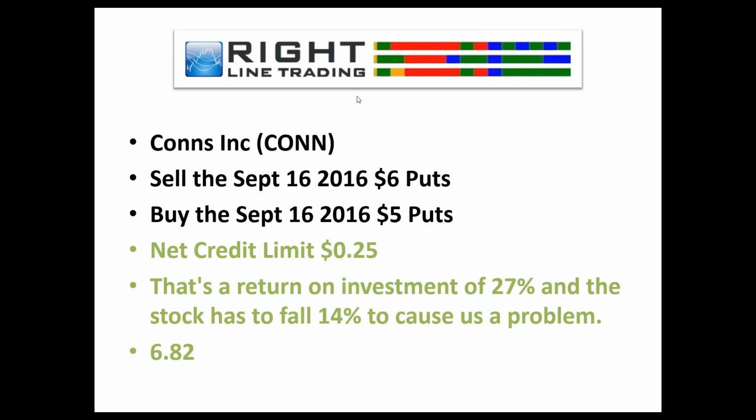What I'm looking for are put spreads that not only have a great upside catalyst and a great return on investment. Normally, for a $1 put spread, you can expect 10 cents. We got 27 cents, which was 27%.